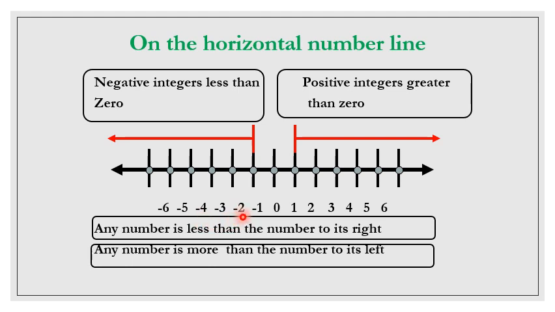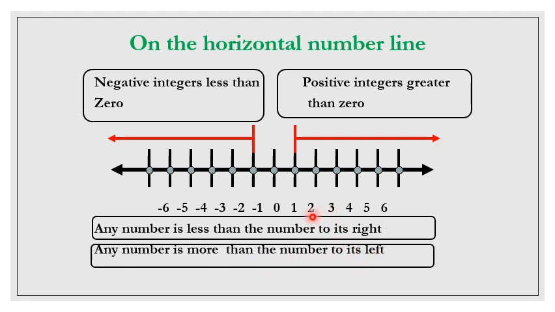If I look at these numbers, I'll see negative 2 is greater than negative 4. Why? Because any number is greater than the number to its left.